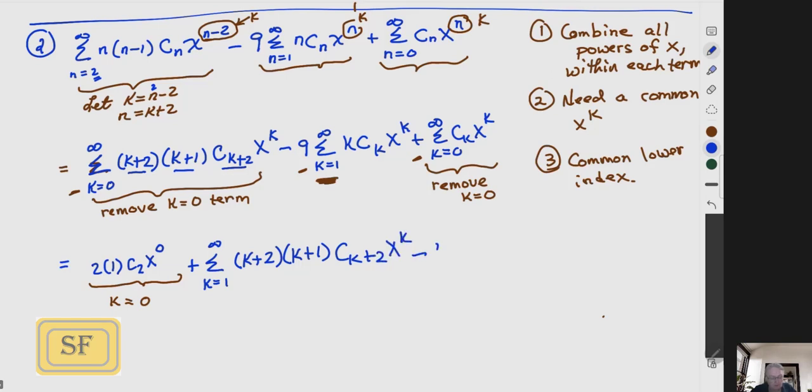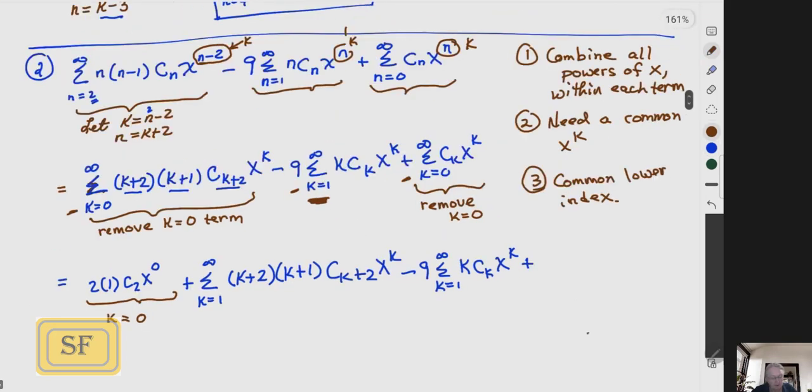My second summation just gets copied. And for that third summation, if I remove that k equals 0 term, that's going to give me c sub 0 x to the 0.